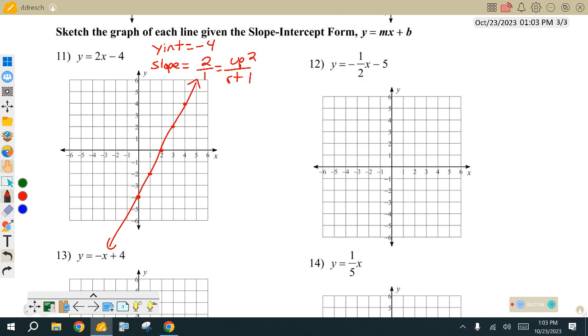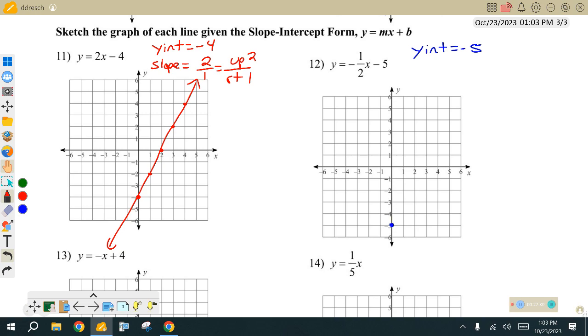Okay, let's do number 12. On number 12, you always start off with the y-intercept. What's your y-intercept on number 12? -5. Start right there. Go put your first point right there at -5 on the y-axis because that's the y-intercept.